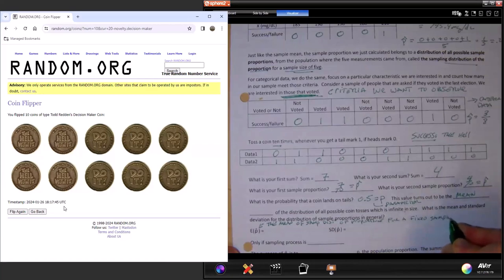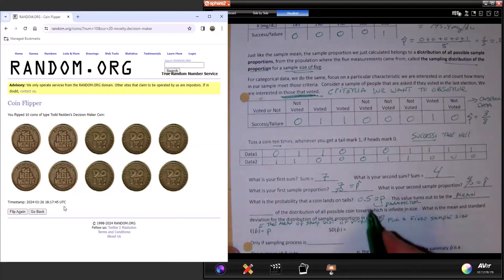And that's always true of sampling distributions. They have to be for a fixed sample size. So what I'm saying here is that symbolically, E of P hat is P. So this is also the symbol for the parameter P. This is just a general symbol for the mean of that.